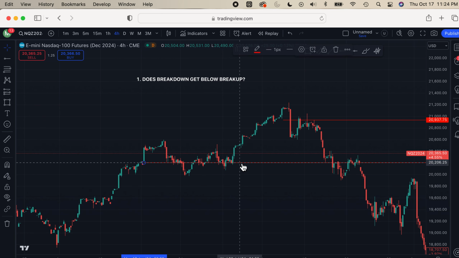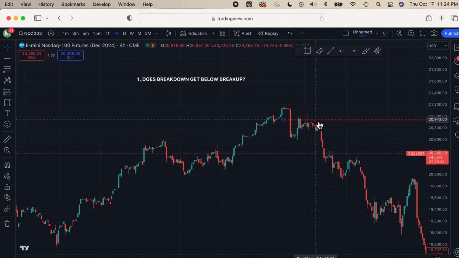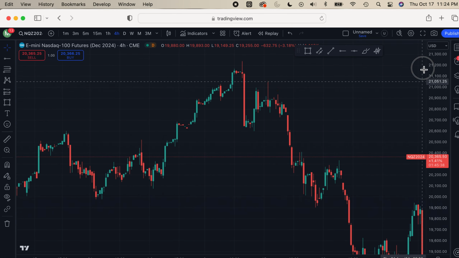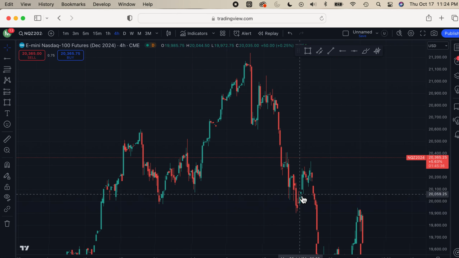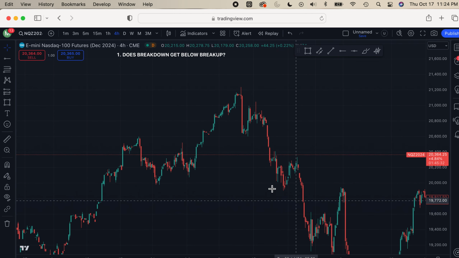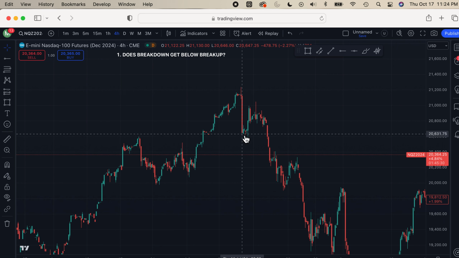Now, let's delete that. Let's look at something else. Does, and this is going to be important, does the candle break below a pivot, or does it come up short?